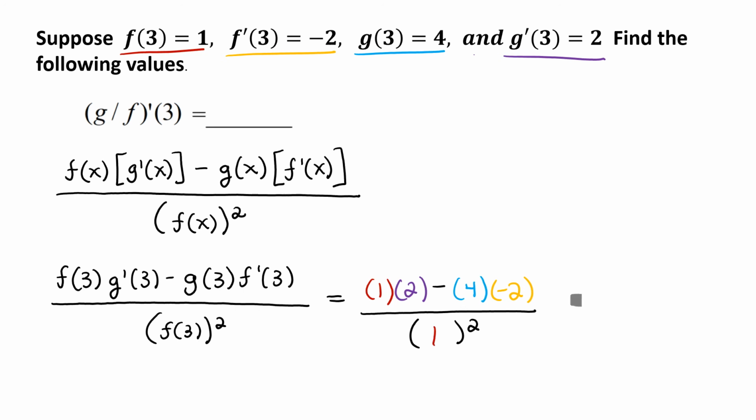So this is equal to 2 plus 8 over 1, which is equal to 10. So g over f prime of 3 is equal to 10.